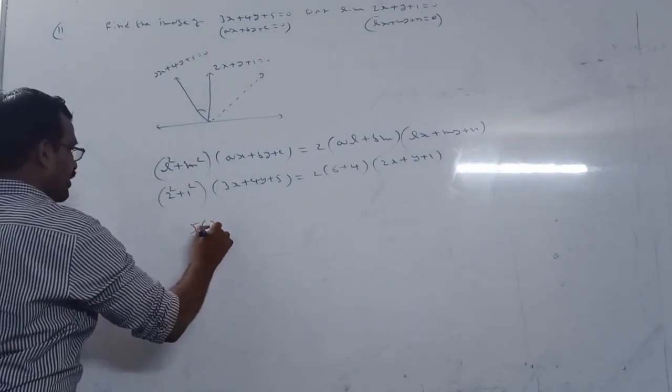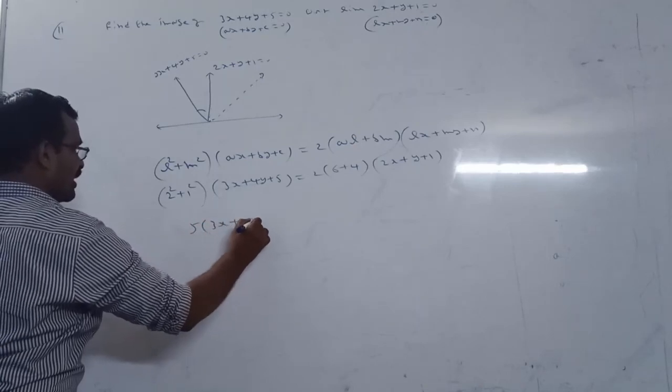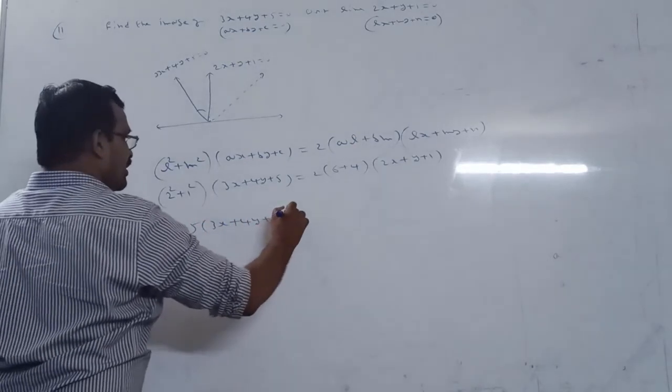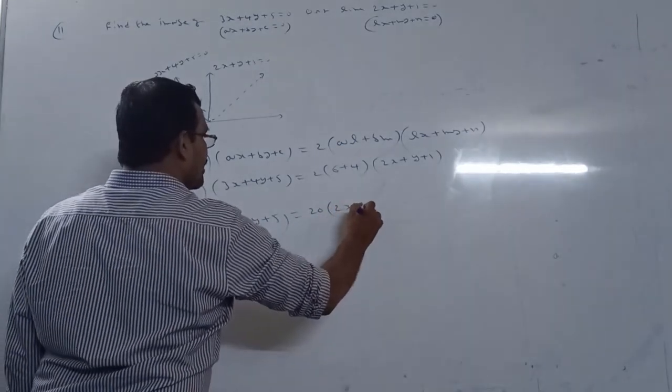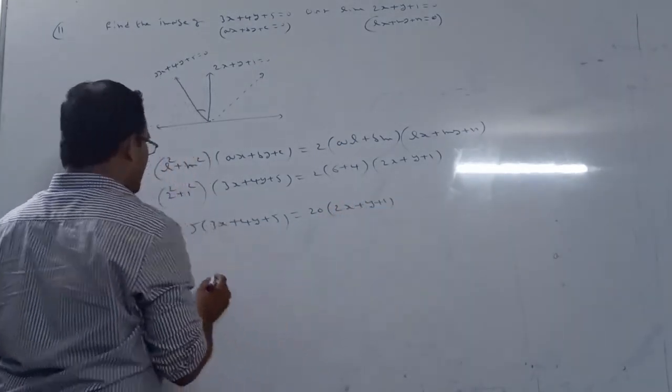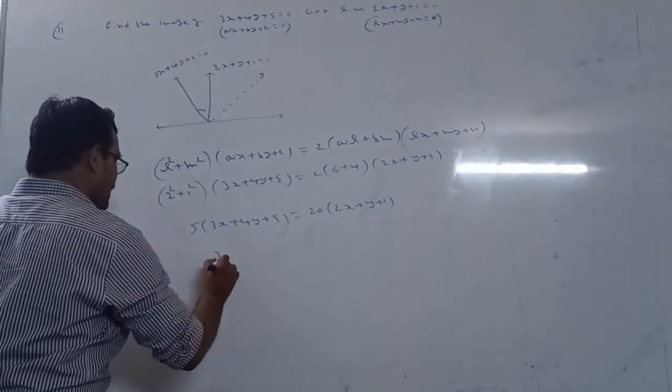5 into (3x plus 4y plus 5) equal to 10 twos are 20, 20 into (2x plus y plus 1). 5 divided by 5 is once, and 20 divided by 5 is 4 times.